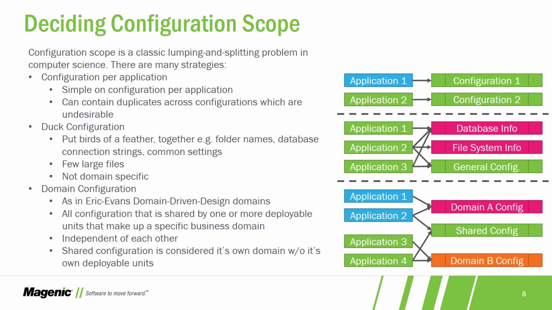So domain configuration is this idea of using the Eric Evans domain-driven design domain concept and designing configuration sources that are domain specific, and in being domain specific, they're probably also tier appropriate.